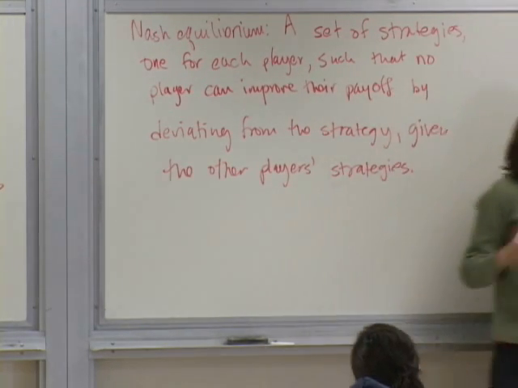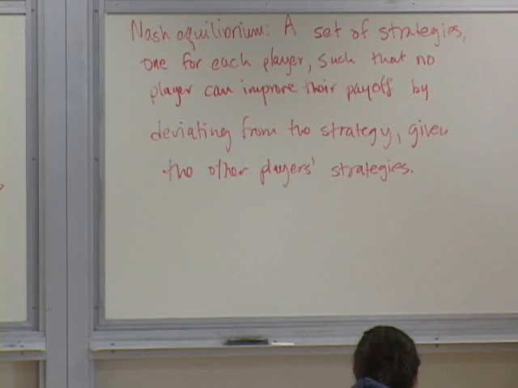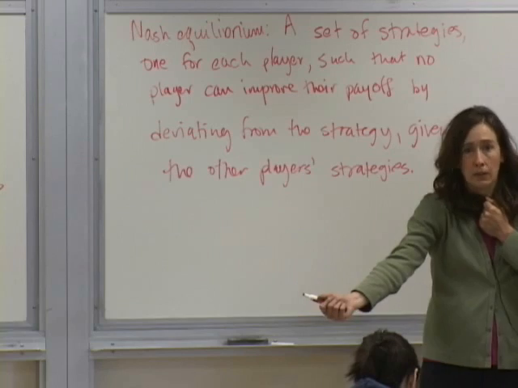Okay. So our strategies are in equilibrium if given what you did, I can't do better by changing what I did, and given what I did, you can't do better by changing what you did.